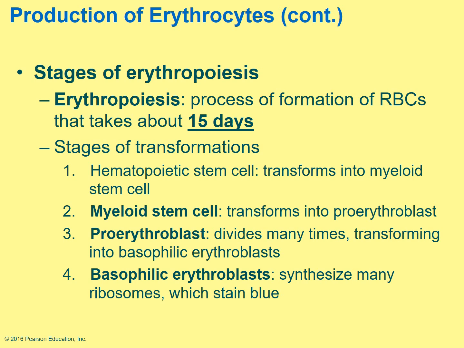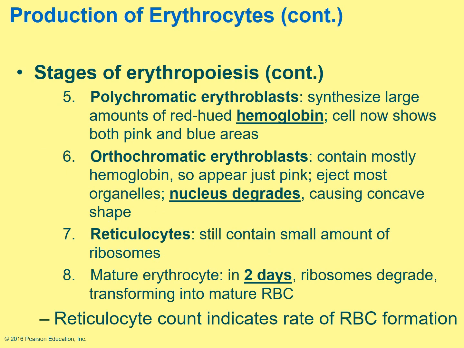That's going to divide many, many times and eventually transform into what is known as a basophilic erythroblast. Then it is going to form the polychromatic erythroblasts. And then you have your orthochromatic erythroblasts.